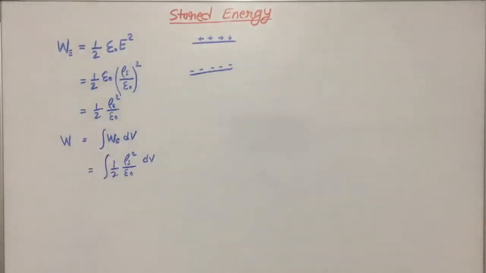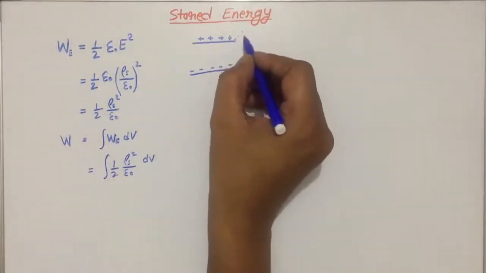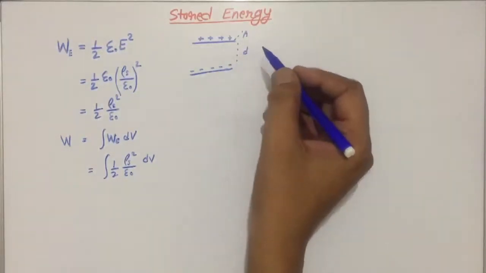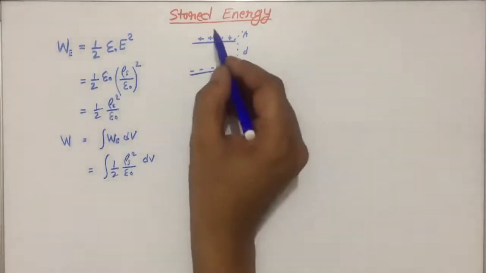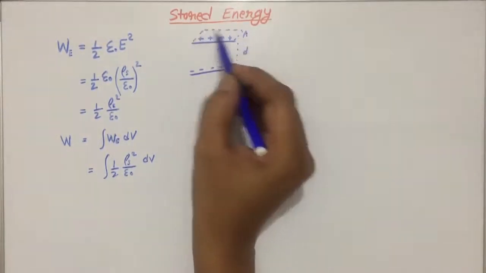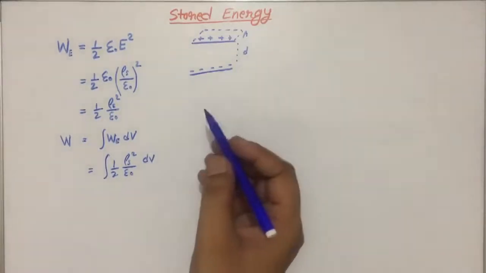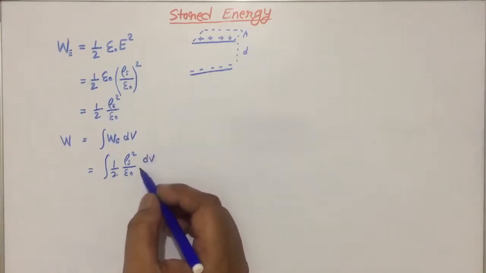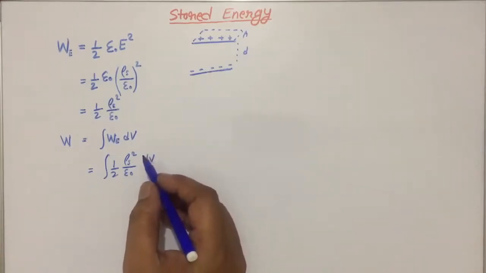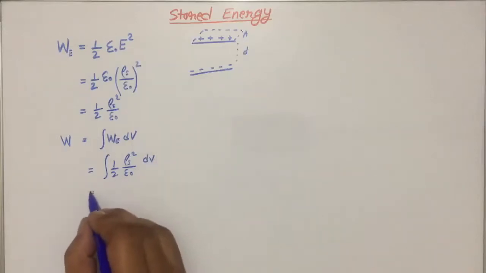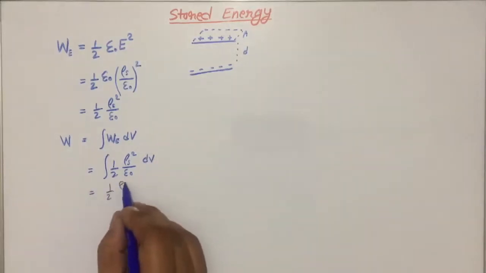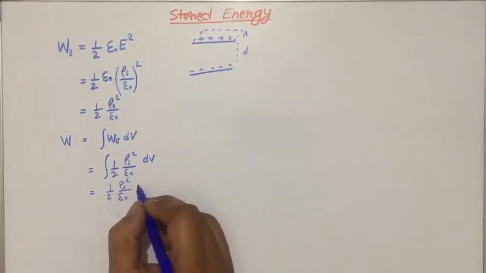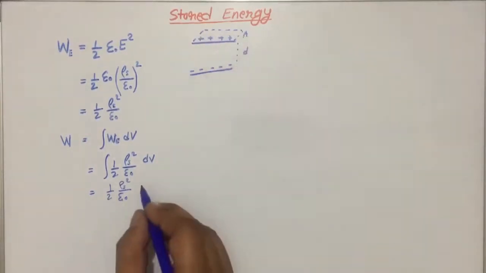And if we integrate this, the area of the plate is A and the thickness is D. If we wish to find the total volume and integrate this, it will be half rho s square by epsilon naught times the total volume, that is the surface area times the depth.